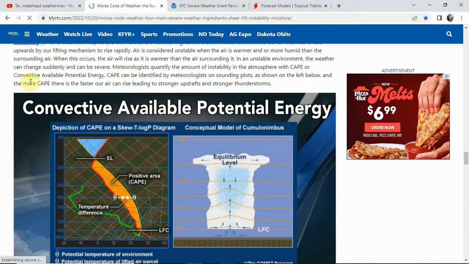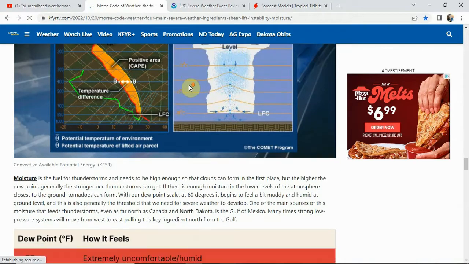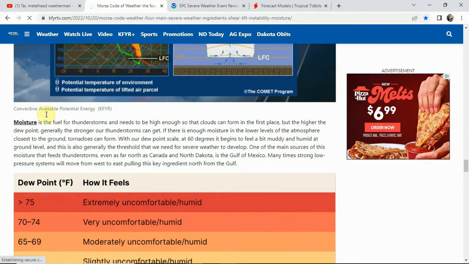Simply put, the greater the CAPE value, the stronger the thunderstorm, the stronger the updraft, and with this, you can get big hail, really intense, damaging straight line winds from a storm, and of course, tornadoes.